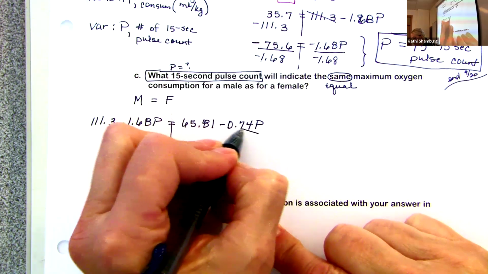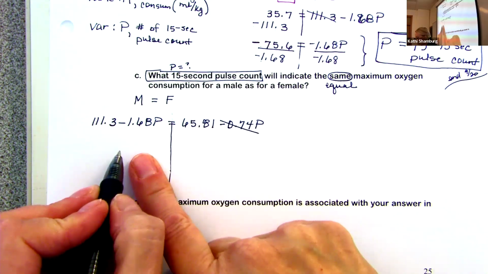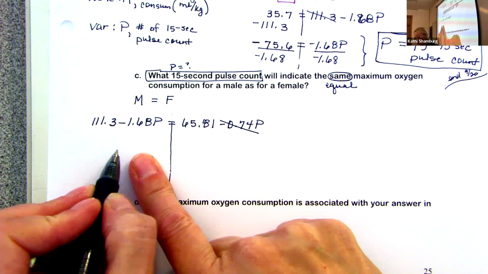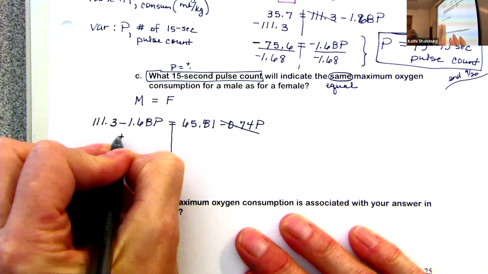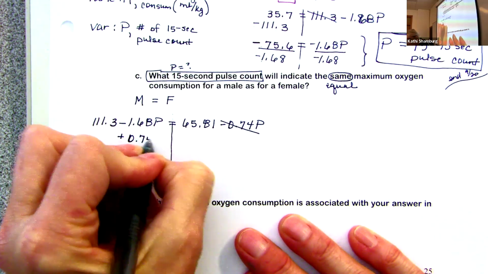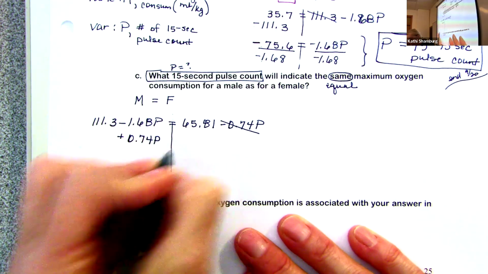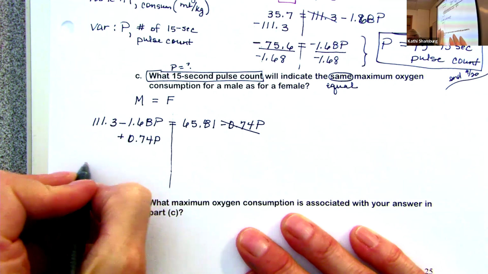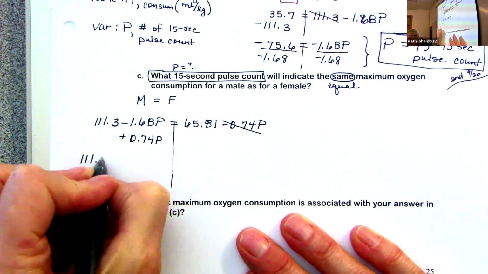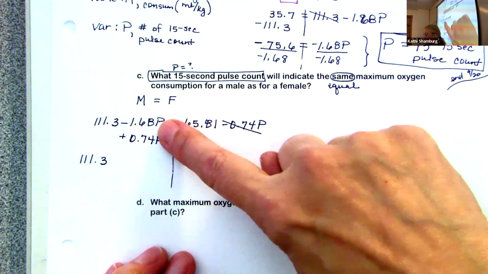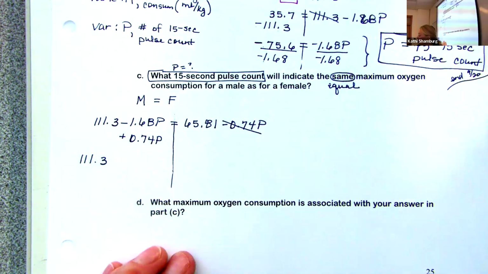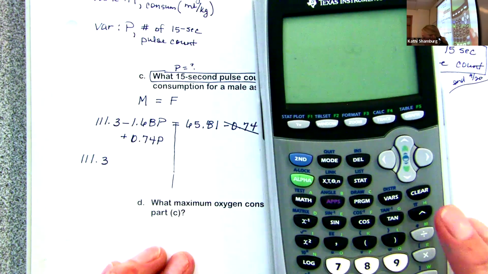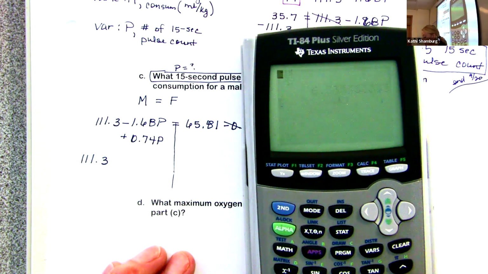So I want to move minus 0.74P. I want to get rid of it on this side. So what will I do over here? Add it. So I'm going to add 0.74P. And so now we're left with 111.3. And then these two have the same term, so what we do is we add or subtract their coefficients.